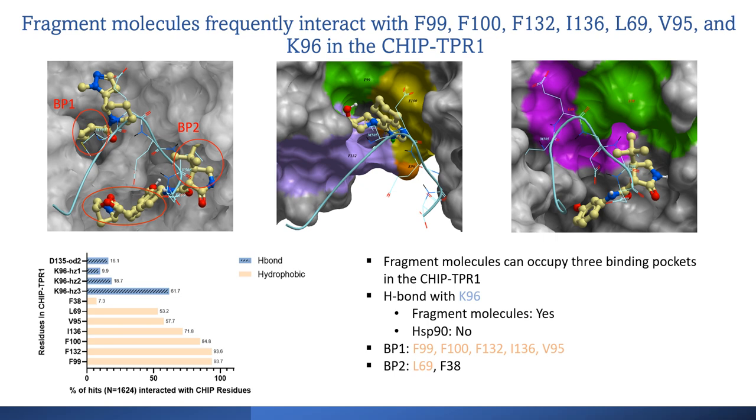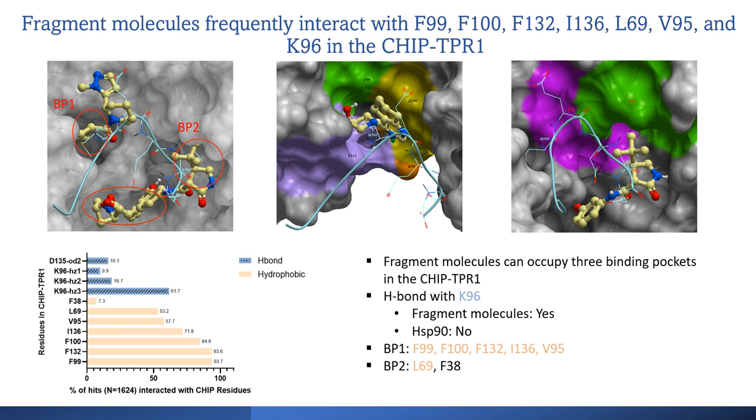The analysis of fragment docking results shows that the residues F99, F100, F132, I136, L69, and V95 are frequently involved in hydrophobic interaction with the fragment molecules, whereas the K96 in the CHIP-TPR1 is frequently involved in forming hydrogen bond interaction with the fragment molecules.